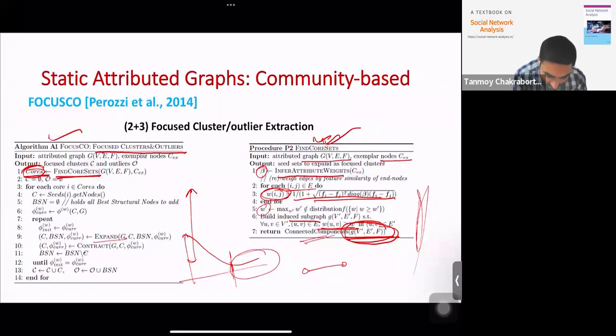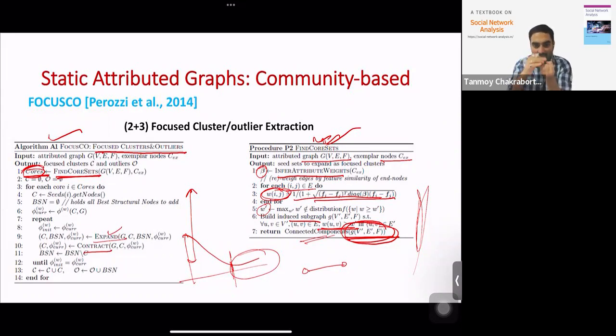One is expand, the other is contract. Through expansion, you are adding nodes one by one to a connected component and checking whether those nodes are qualified to be a part of this component or not. Once you see that the conductance is increasing, then you stop. Then again, you start removing nodes one by one and check whether conductance further decreases or not. If it does not decrease, then you stop. And that's your final connected component, final core.